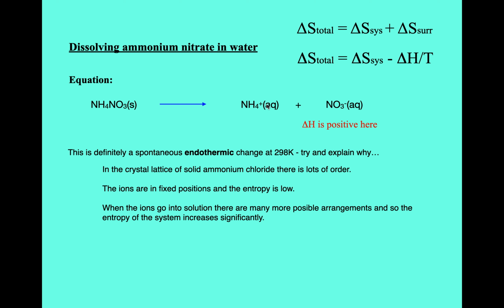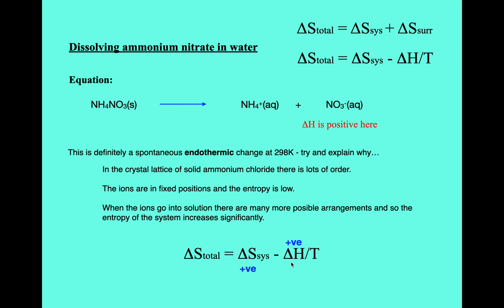When the ions go into solution, the entropy of the system increases because there are many more possible arrangements of the particles. Okay, so the entropy of the system increases significantly. So delta S system here is positive. Right. Delta S system is positive, and delta H is positive because we said it's endothermic, then it's going to depend on how big each of these two terms are.